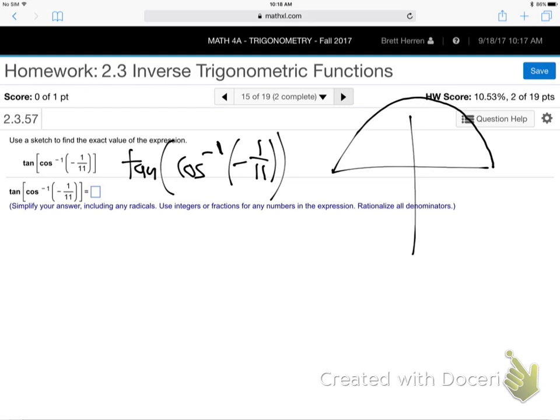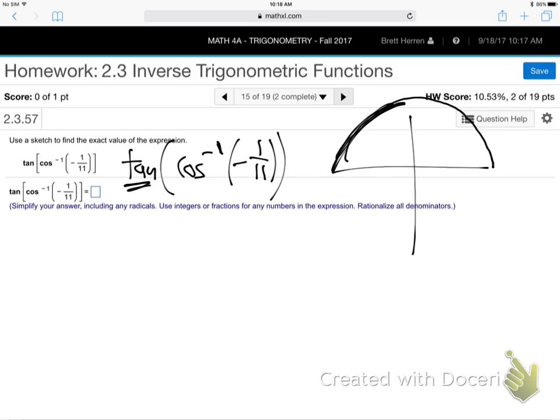Cosine goes from here to here. We're in the second quadrant, aren't we? You with me? Remember, cosine inverse, it's first or second quadrant. Sine inverse and tangent inverse are first and fourth. So it's over here. And in the end, the question is going to be tangent of that angle.